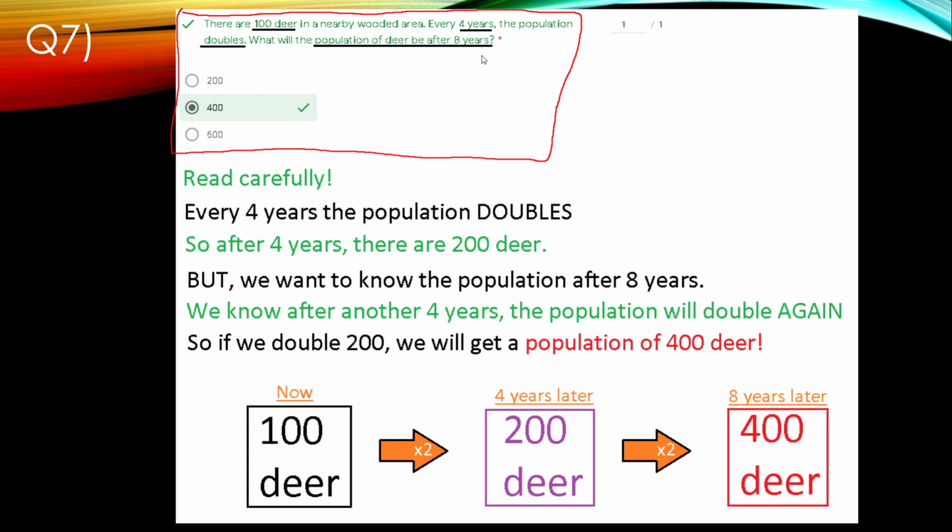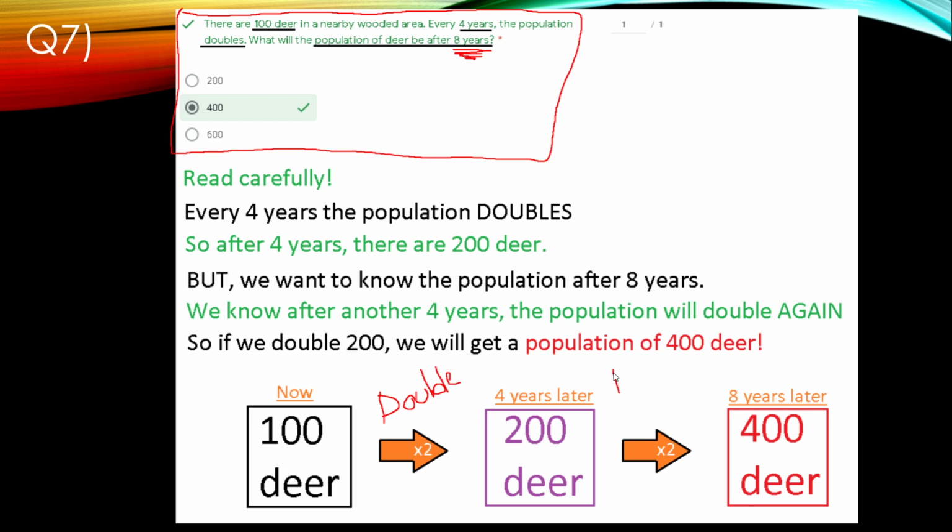So after 4 years, this 100, we times it by 2, we're going to get 200, right? Because we double it. But we want to know after 8 years. So that means it's going to double again, right? Because we have the first 4 years, and then another 4 years to get the 8 years total.